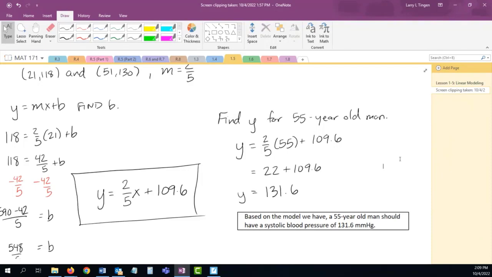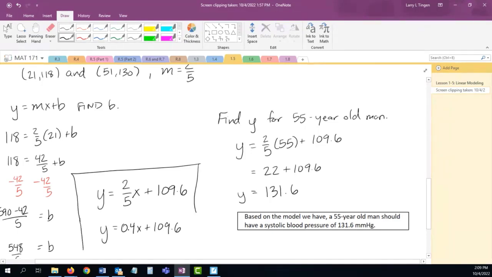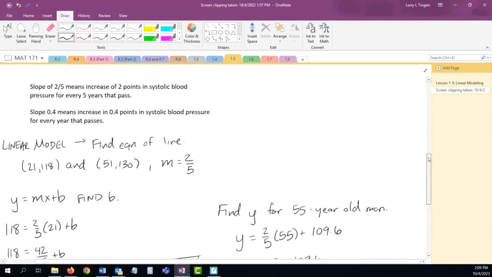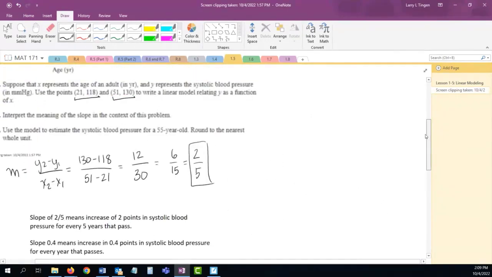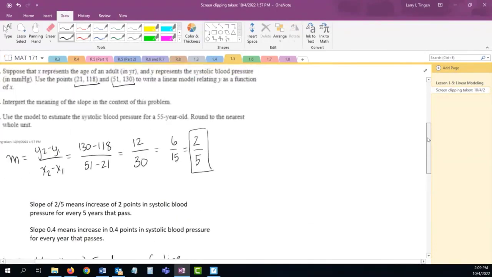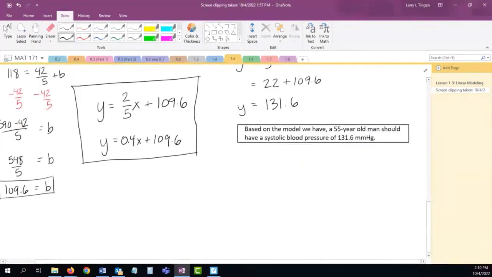Yeah, instead of having 2/5, that would be fine. Yeah, you're right. I am inconsistent. I have the slope as a fraction and the y-intercept as a decimal. If I were consistent, I would have 0.4x plus 109.6. Yeah. So, speeding up the process, that is a good question, but part C says to round to the nearest whole unit. That's only in the example of a 55-year-old man.